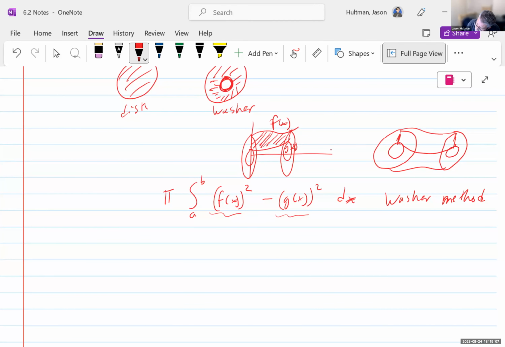What we're really interested in is the volume, this total volume around the figure. But the volume is going to have a hole in it, depending upon what the nature of the functions are.